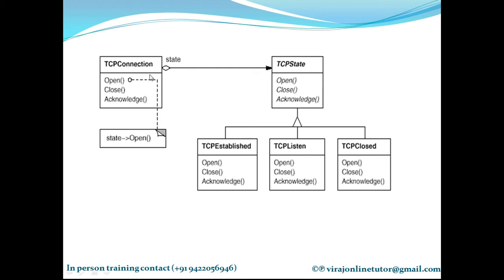This is an example diagram. Here I have a TCP connection. The different states it can go through relate to opening a connection, closing a connection, and acknowledging a connection.